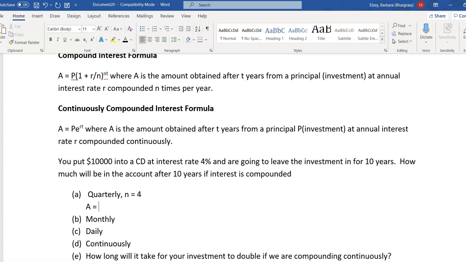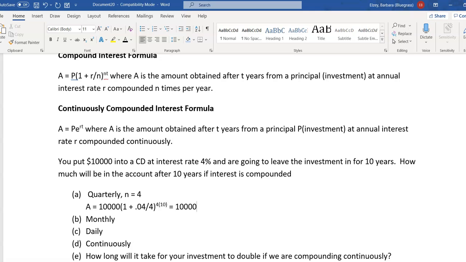A is equal to our principal, $10,000, 1 plus our interest rate as a decimal, 0.04 divided by 4, raised to the N times T power. So N is 4, T is 10. All right, now, very important how you stick this into the calculator. And I suggest you do it in steps so you don't make mistakes.